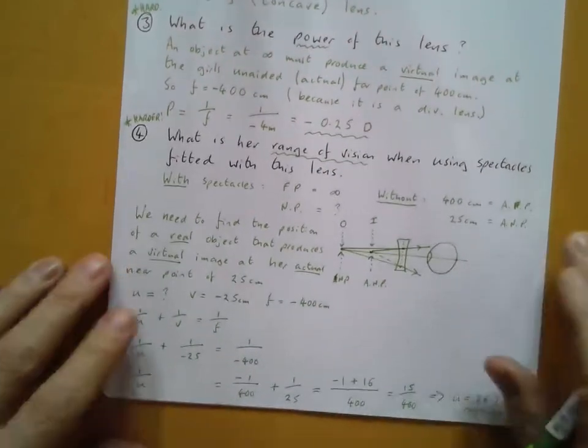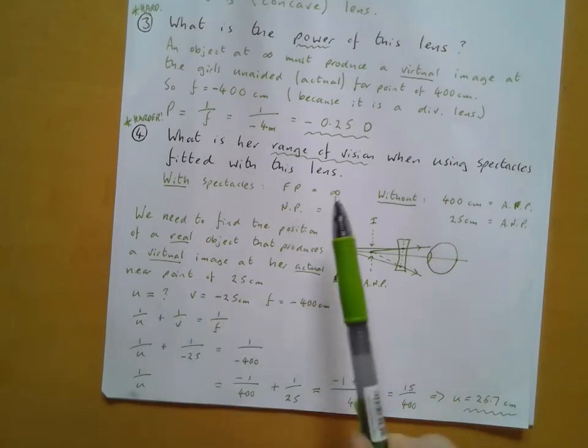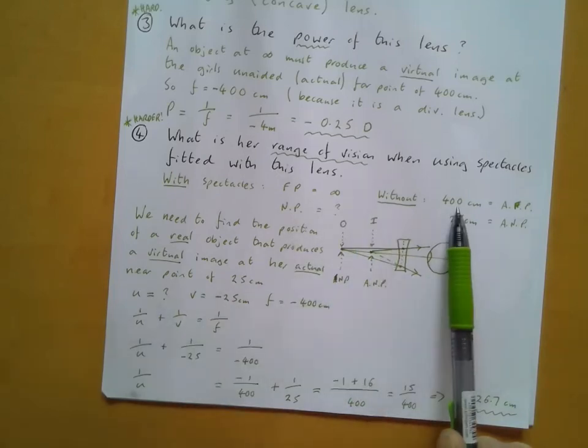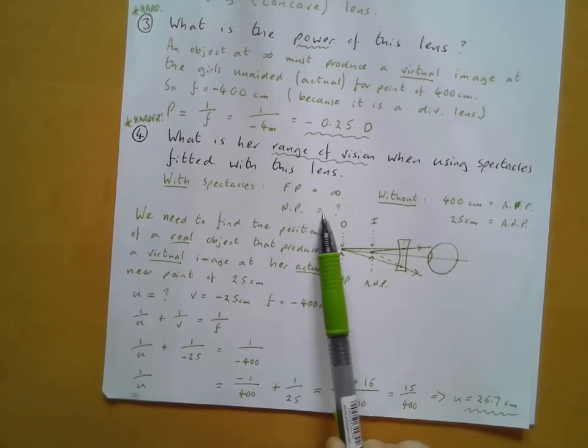Then could we calculate her range of vision? Well, with the spectacles, we've now seen that her new far point is infinity compared to her old, actual, unaided far point of 400 centimeters. Where is her new near point?